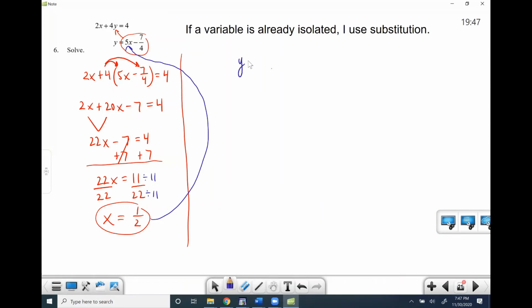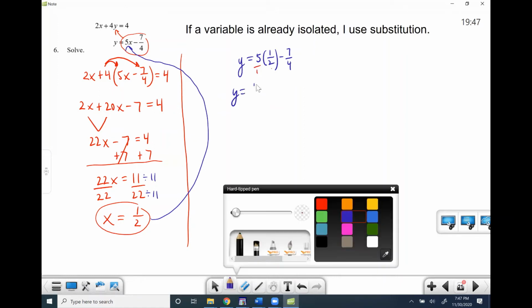So we got y equals 5 times 1/2 minus 7/4. All right. So put a 1 underneath, multiply straight across. That's 5/2 we're looking at.